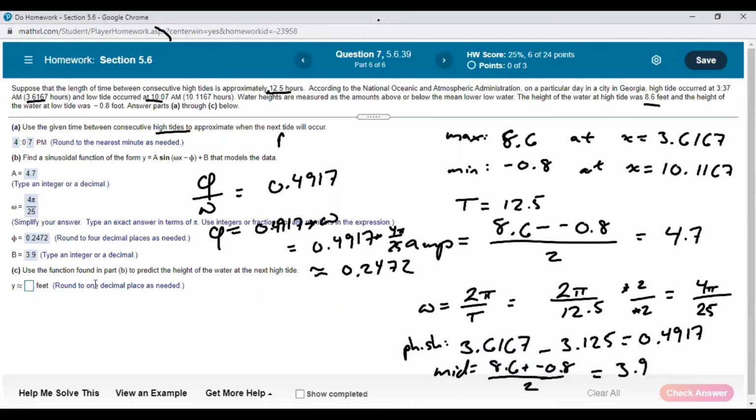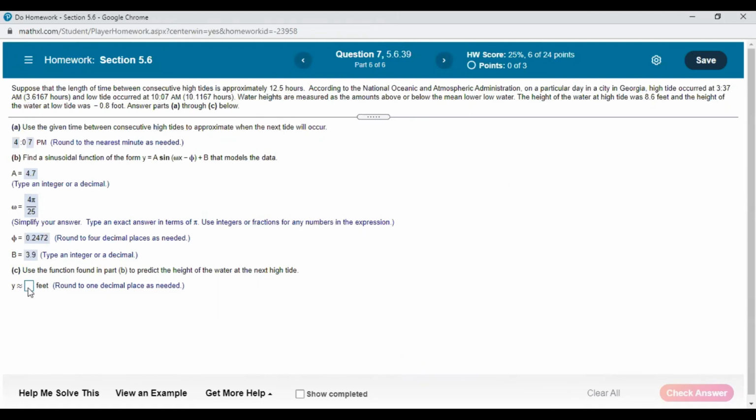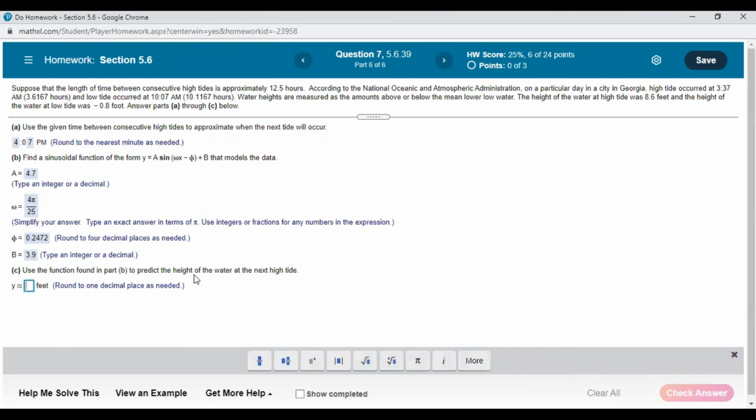Now, use the function in part B to predict the height of the water at the next high tide. This question is similar to what we did, but actually a lot easier because we don't actually really need to use our function. This is a periodic function. Periodic functions repeat their values. And so I actually know that the next high tide will be the same height as the previous one.